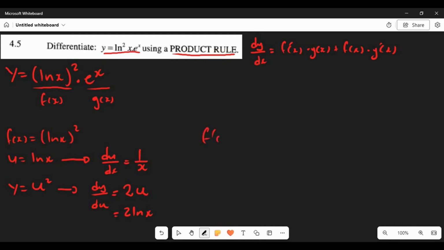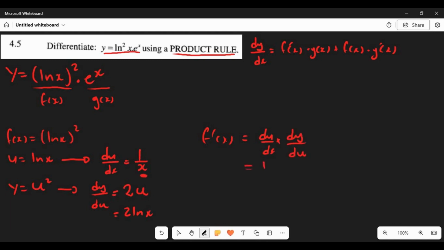So we need to differentiate f of x. f prime of x is actually the chain rule, so we need to say du over dx multiplied by dy over du. What is du over dx?